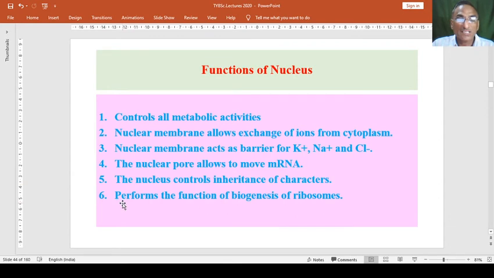Lastly, the nucleus performs the function of biogenesis of ribosomes, because ribosomes cooperate in the presence of RNA for the production of protein, so mRNA and ribosomes play a key role in protein synthesis. In this way, there are many functions performed by the nucleus to maintain the physiology of the animal body.